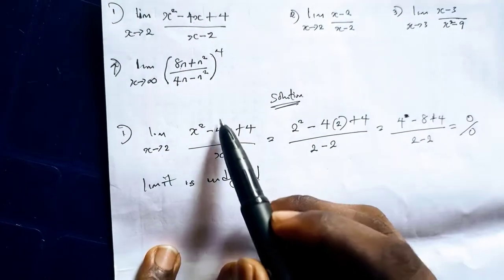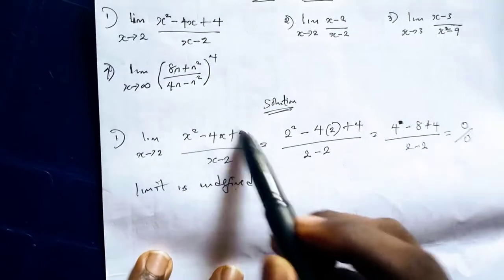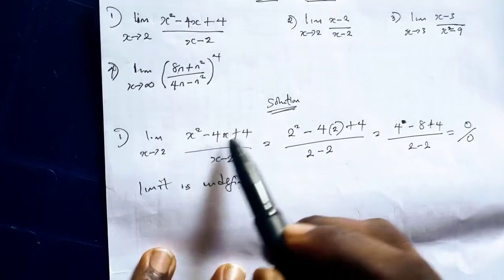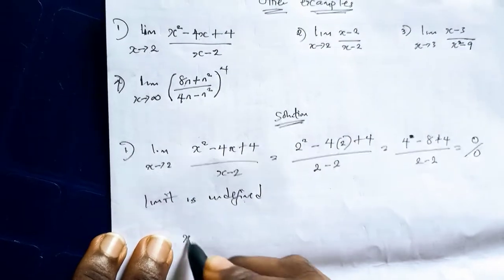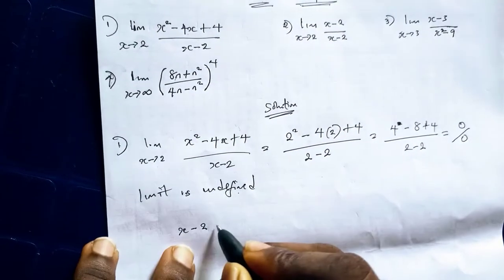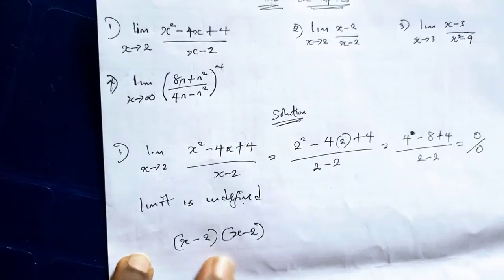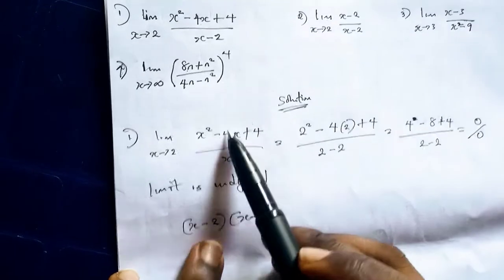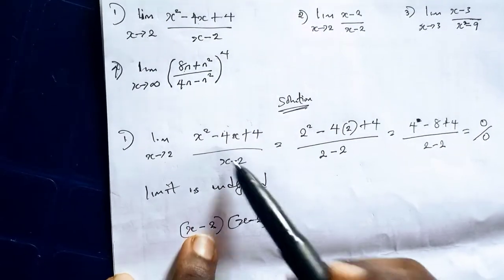Now you can see from here in the numerator that this is a quadratic expression, which can factorize into x minus 2 and x minus 2. Now, if you open this bracket, you discover we get this. So this is actually equal to this.